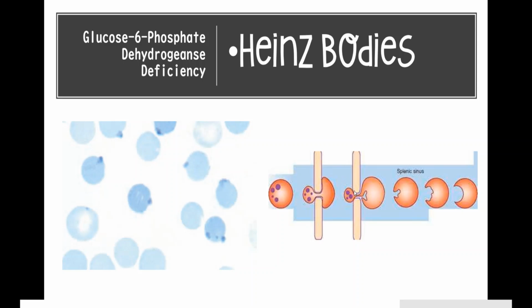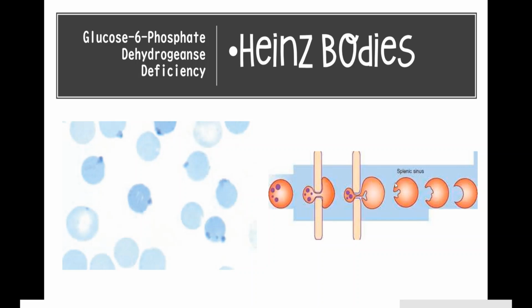The trapping of this portion of the RBC here activates the splenic macrophage. The splenic macrophage will just take this portion. It will remove this portion only, not the entire RBC, because only this portion is damaged. So after taking out this portion of the membrane here, the cell becomes like this.